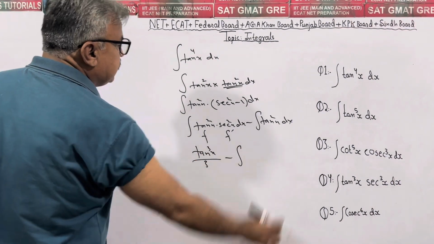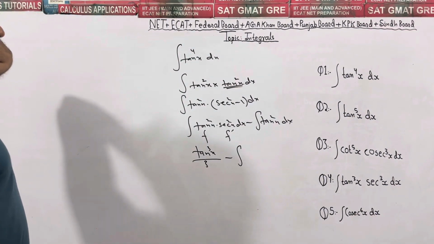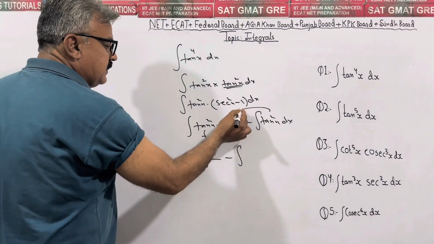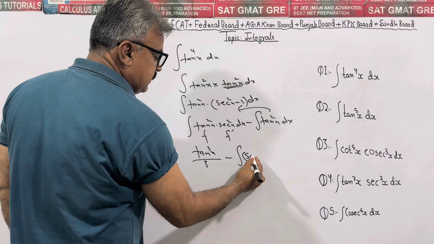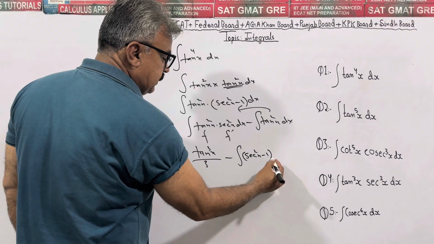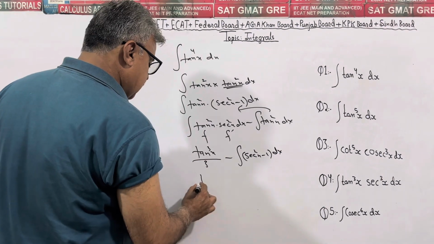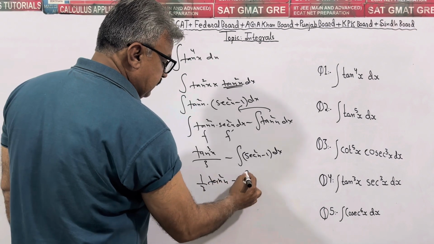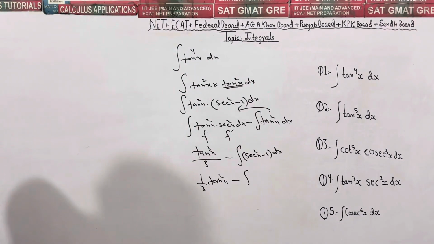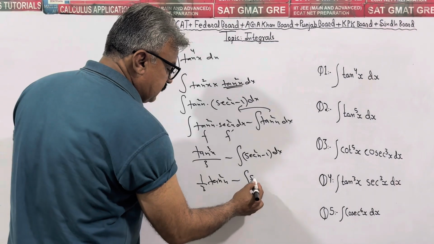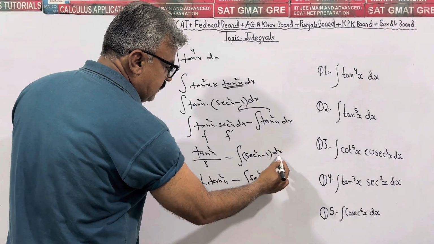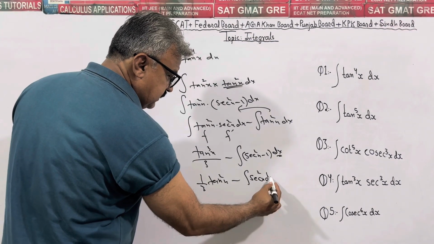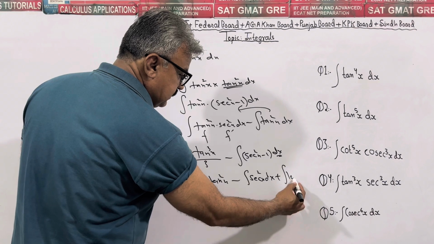What about tan square? It is not the differentiation of anything. Again, utilize the same formula. Instead of tan square, we can write sec square x minus 1 dx. Now ask yourself, sec square is the differentiation of tan, and 1 is the differentiation of x because our variable is x. Sec square x dx plus 1 dx.